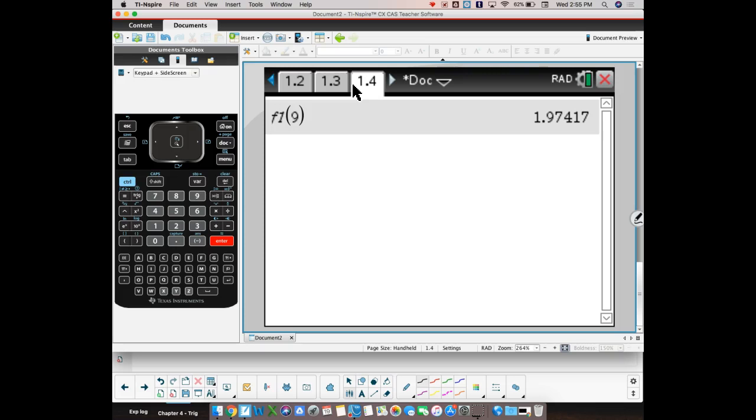And the depth at 9 a.m. is 1.97. What is the depth at 3 o'clock? So what am I going to put into my function for 3 p.m.? I'm going to put in 15 because remember I'm on the 24-hour clock. So the depth at 15 hours is 4.22. Okay?